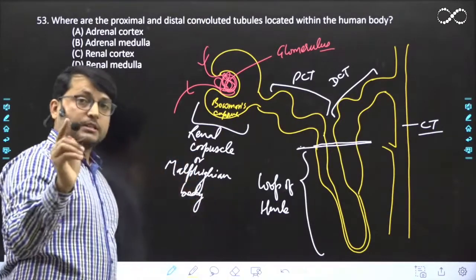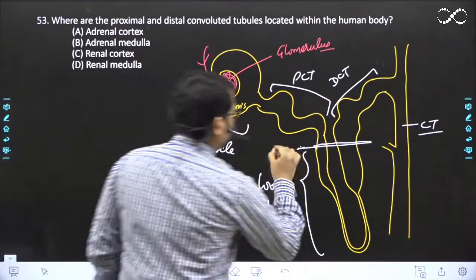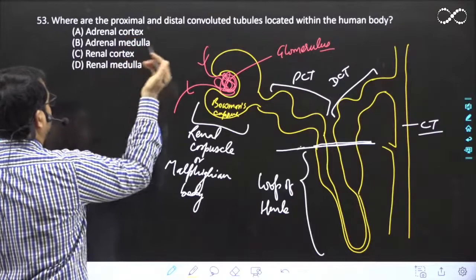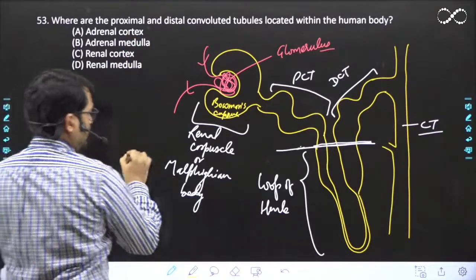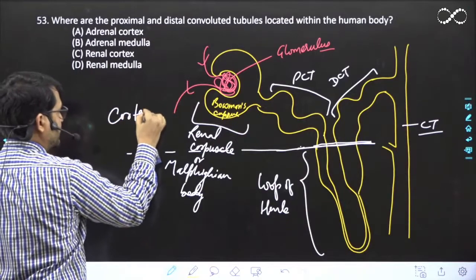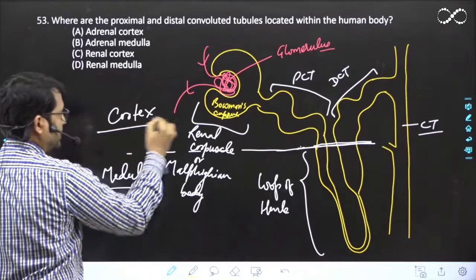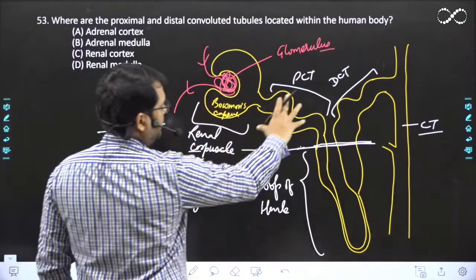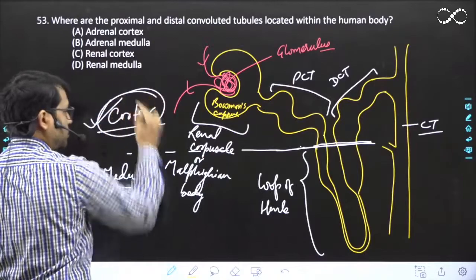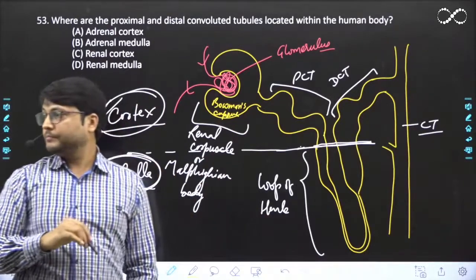The question is not giving you the option of nephron, correct? What it is asking is whether it is in the cortex or medulla. है ना? Now, let me tell you that this upper area is cortex and lower is medulla. Okay? So Bowman's capsule, PCT, DCT are in cortex. Only the loop of Henle is present in medulla. Okay?